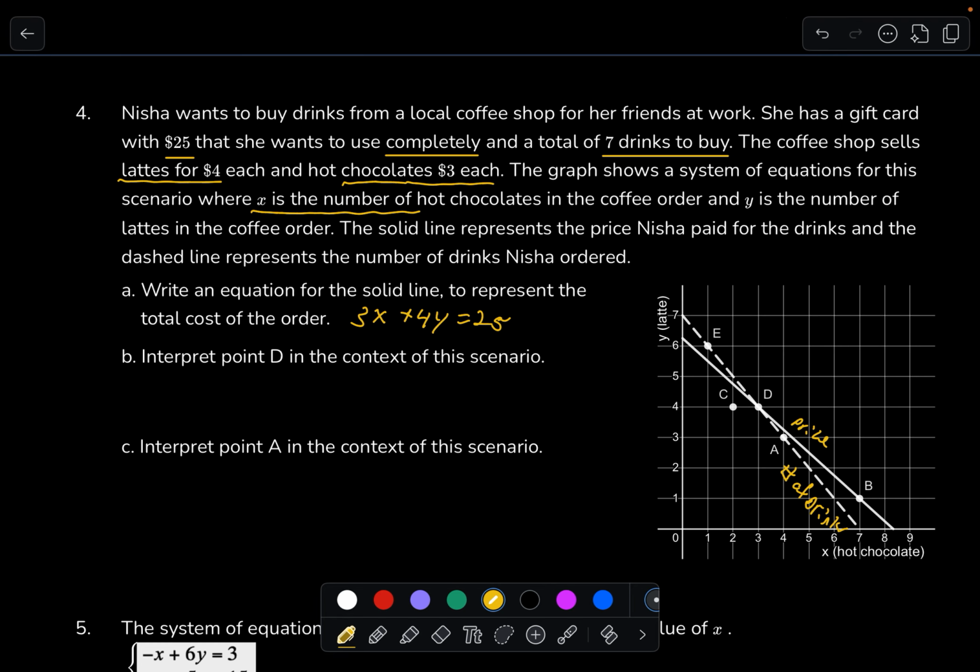It says interpret the point D. All right, if you look at point D right here, that point is where the two graphs intersect.